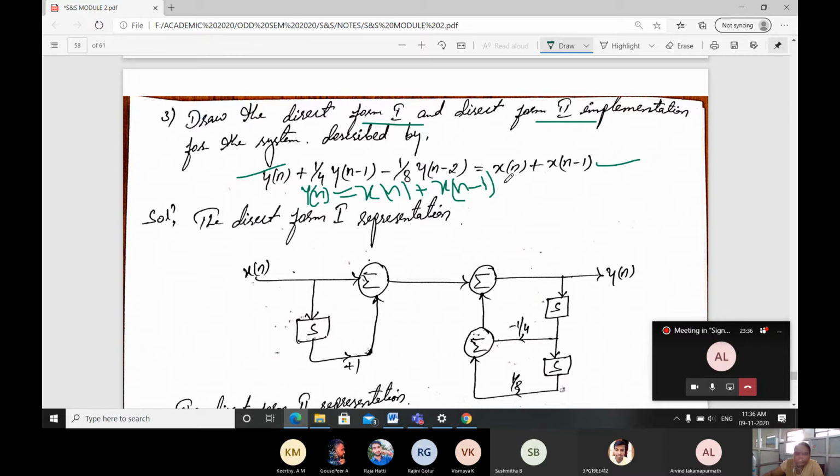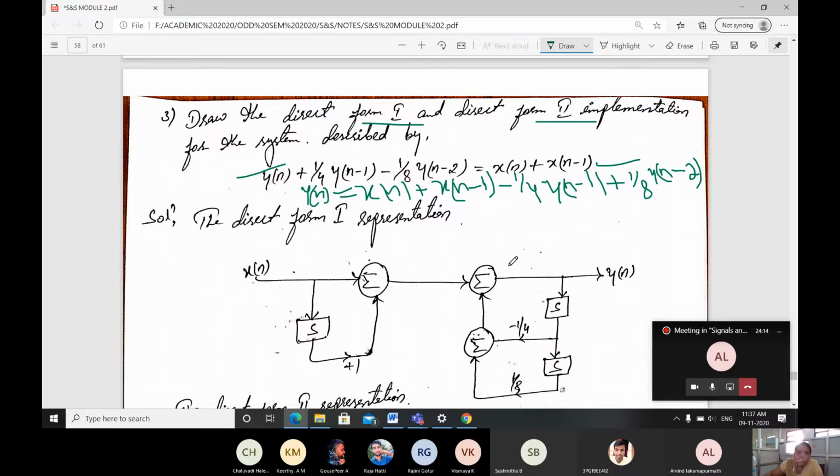Then if I shift these two terms here, it will be minus 1 by 4 y of n minus 1, then plus 1 by 8 y of n minus 2. This point you have to remember. For any problem, if they give the equation, first write it in terms of y of n, or else y of t. In terms of continuous, in terms of discrete.